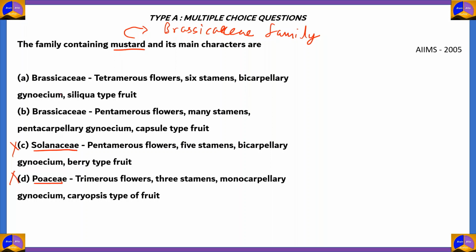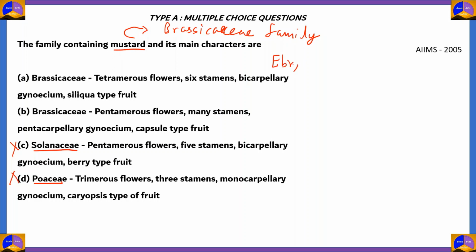So now we're left with options A and B. Both of them contain Brassicaceae, but I think if you notice, they have different characters. To understand the characters here, we should write down the floral formula of Brassicaceae family, or for mustard. So we'll write it for mustard.